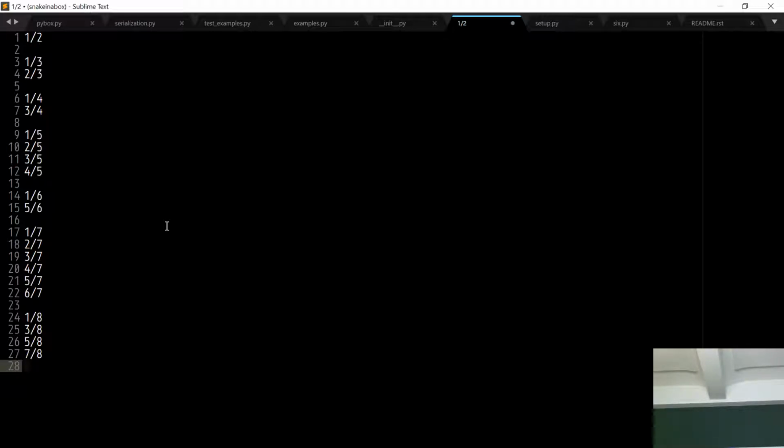So I think this is the top, the limit of how far you should go. I'm not sure. And then we just go over the primes again. So 4 times 2 equals 8.